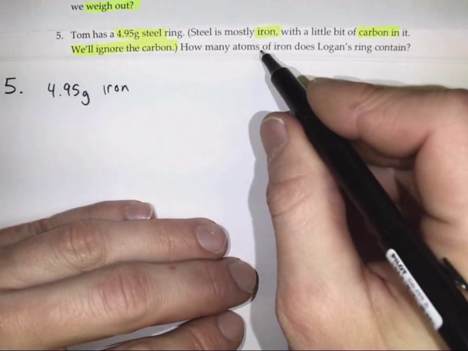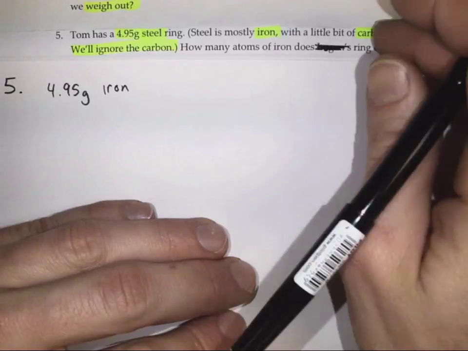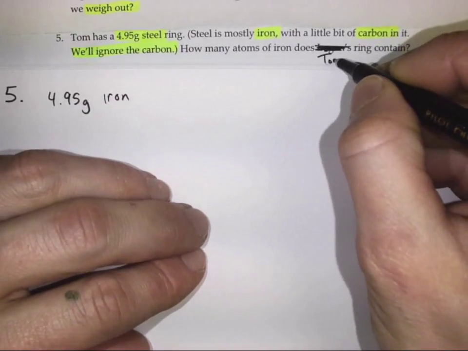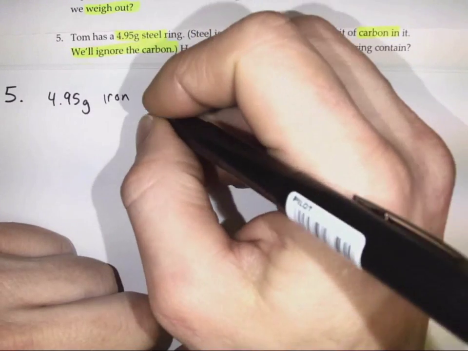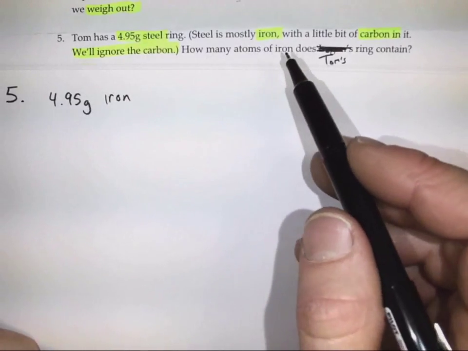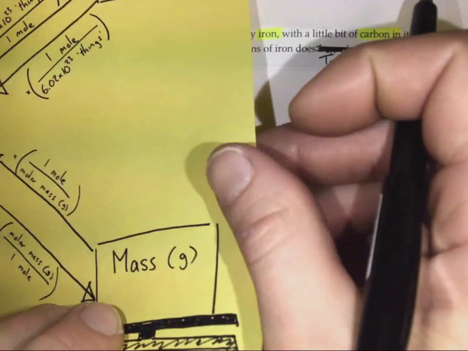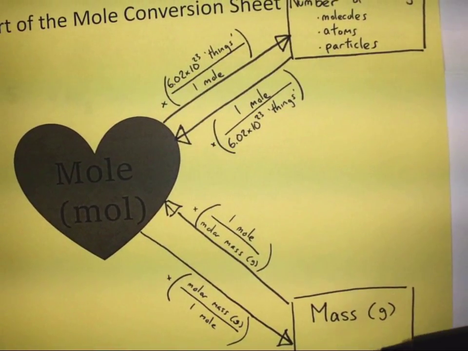And we want to know how many atoms of iron does Tom's ring contain? So that's what we want to know. So we know we have 4.95 grams. We want to know how many iron atoms there are. Okay, so looking on our conversion sheet, we're in a situation where we start with mass.